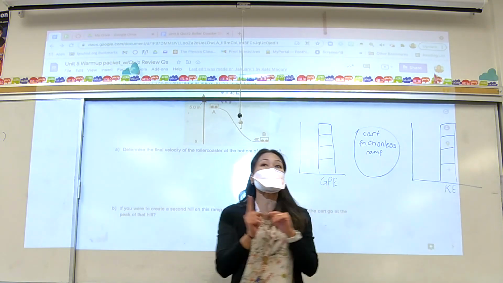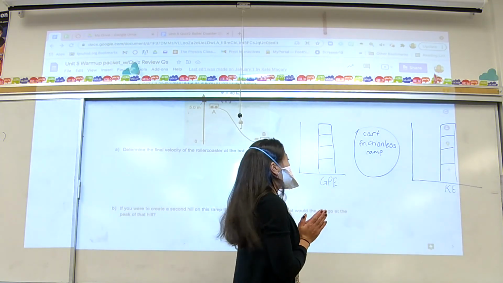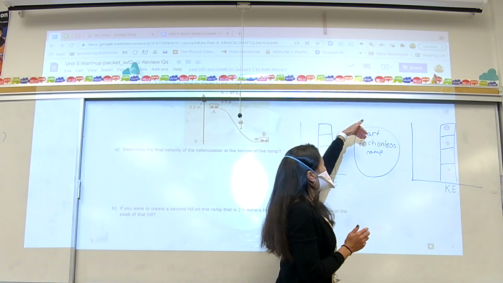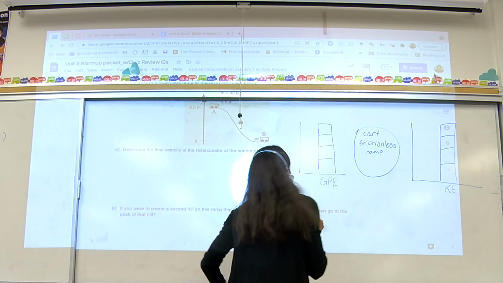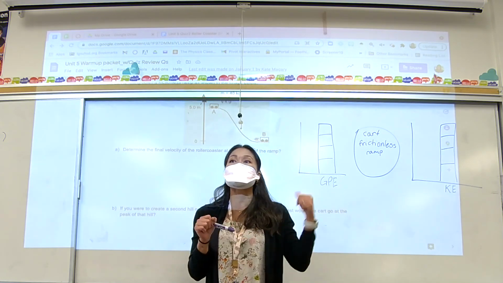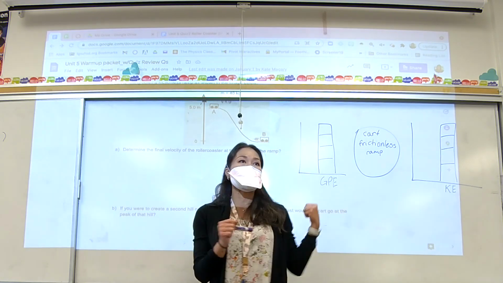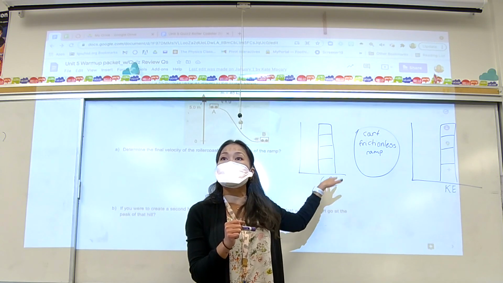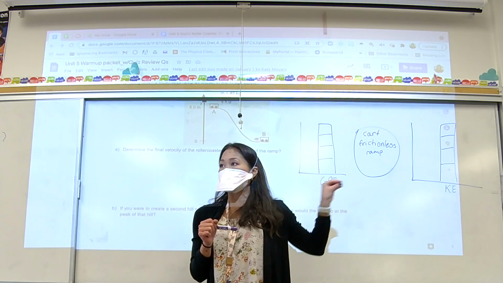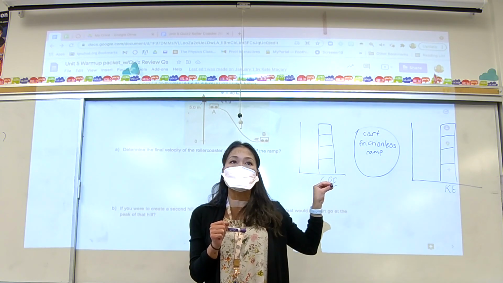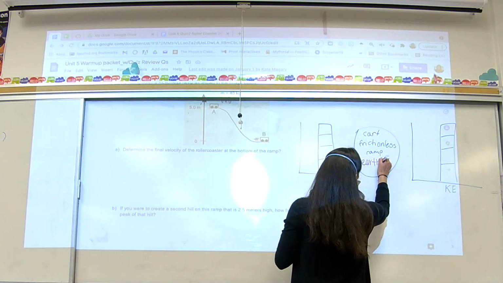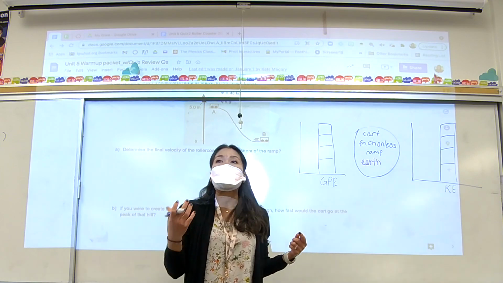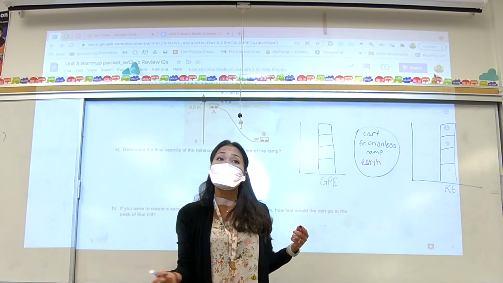And one thing I want to highlight is we've got the cart and a frictionless ramp. And we need one more thing in this system to make our gravitational potential energy be a valid energy type. Can anyone tell me what that is? Lindsay. We need Earth. Earth is what creates gravity. Without gravity, we wouldn't have a gravitational potential energy to pull it down.